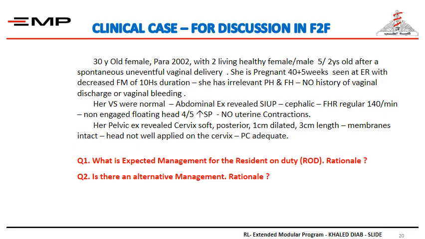Her pelvic examination revealed cervix soft, posterior, 1 cm dilated, 3 cm in length, membranes are intact, head is not well applied on the cervix, and pelvic capacity is adequate. What is the expected management for the resident on duty and what's the rationale? Question 2. Is there any alternative management and what is the rationale?